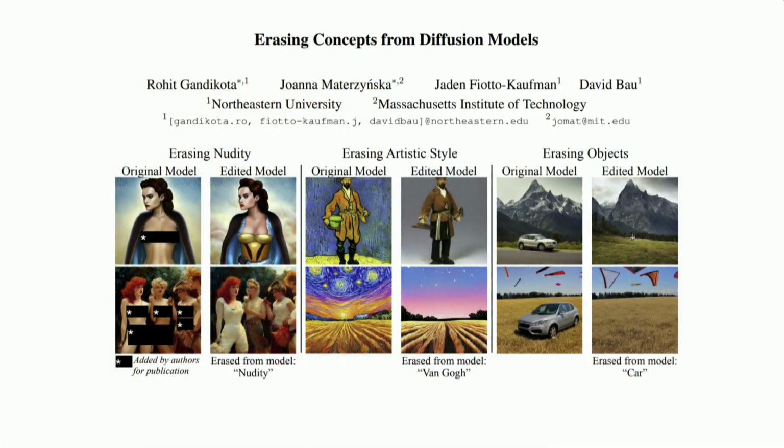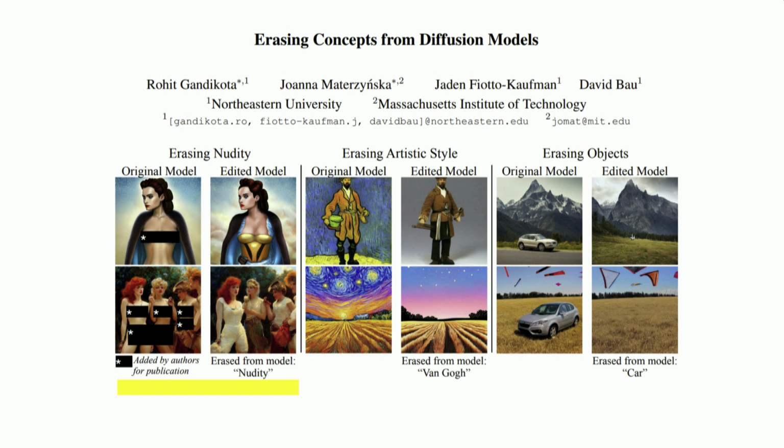Good. Most recent research has been significantly working on erasing concepts from these state-of-the-art generation models, which we call diffusion models. For example, there's been work that focuses on erasing nudity, the capability of the model to produce nude subjects.